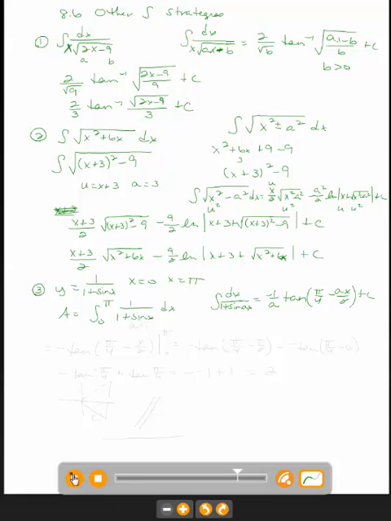So for this problem, our a is 1. So this is going to turn into negative 1 over 1, so negative tangent of pi over 4 minus 1 times x over 2. No plus c because we're going to go from 0 to pi.